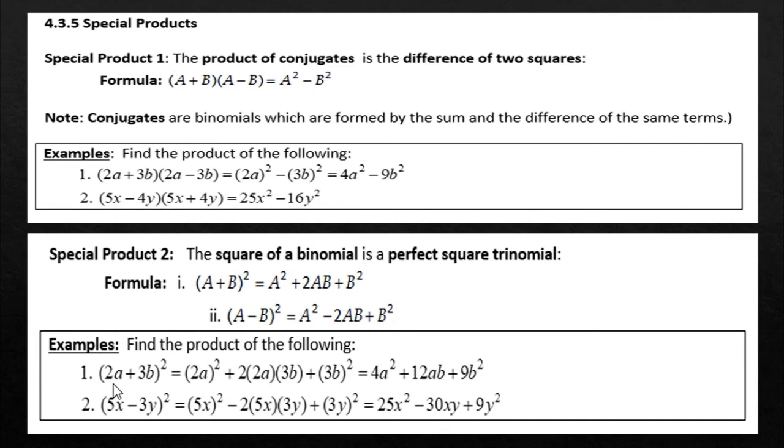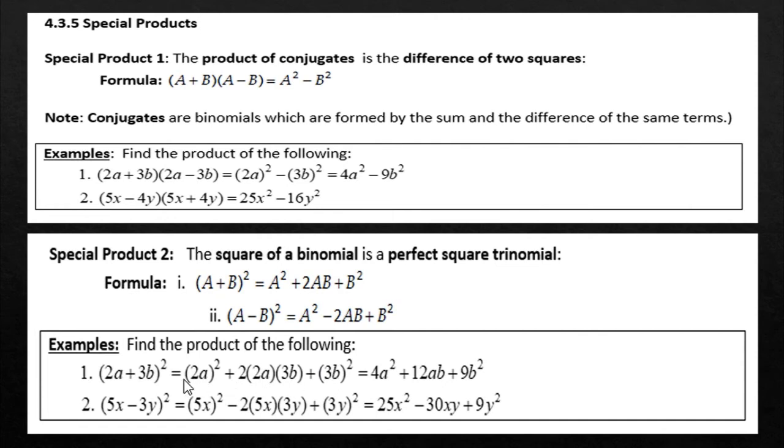Number 1, 2a plus 3b quantity squared. So, una, square na to ang first term. So, 2a squared plus 2, permente gini si 2 times ang first term nga 2a ug ang second term times pod si 3b, plus ang square sa ato ang second term.